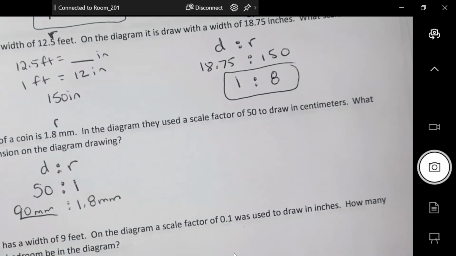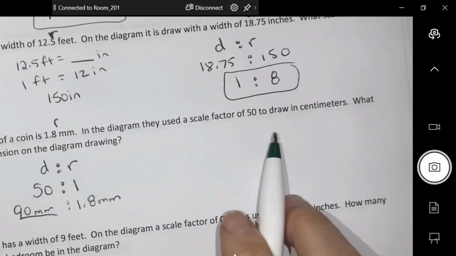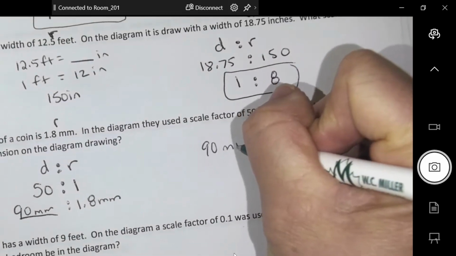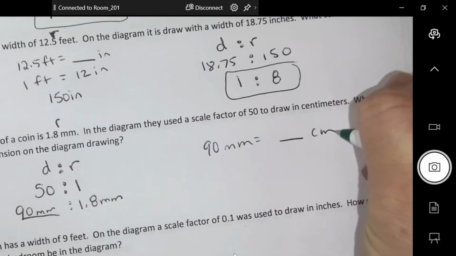Okay. I didn't finish this though. What's the new dimensions? Because you have to do it in centimeters. When you draw it, they ask for how many centimeters. So 90 millimeters is how many centimeters?